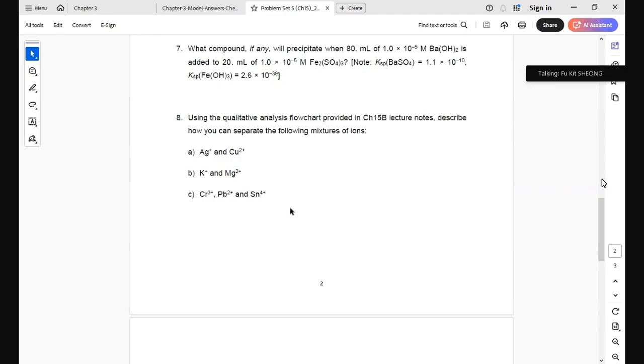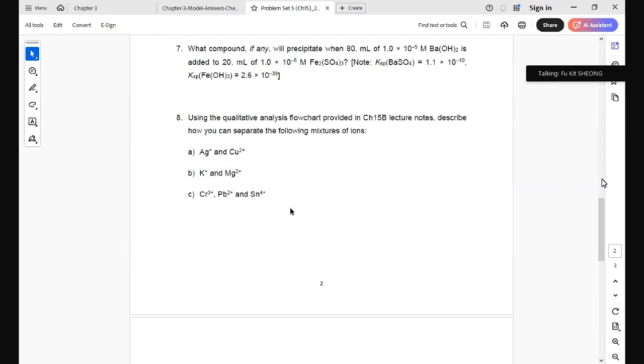And then for the remaining part, you can use the sulfide. I think you can refer to our slides, in the solubility and complex ion slides, where you have the steps.